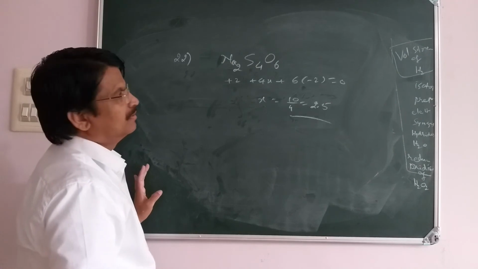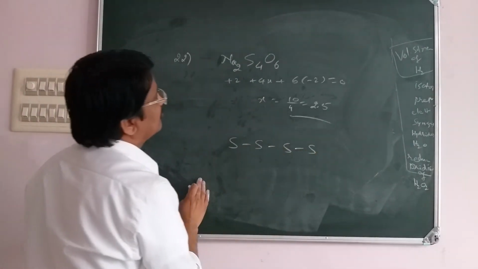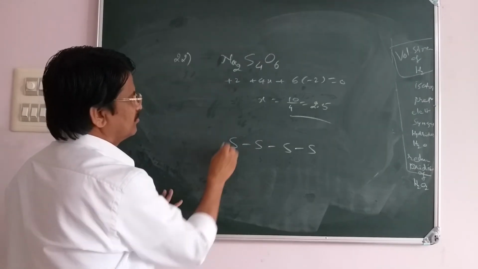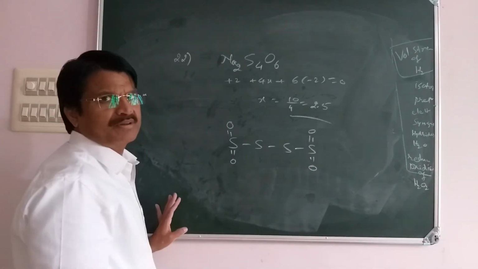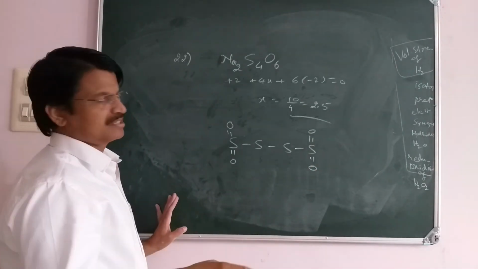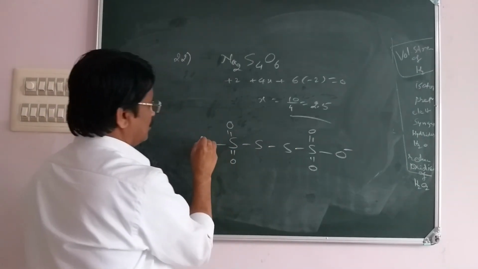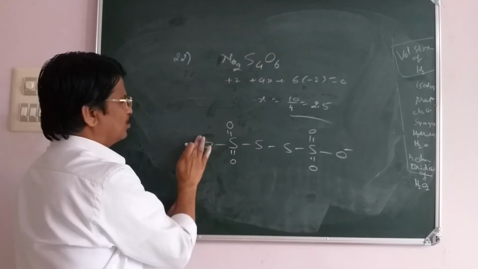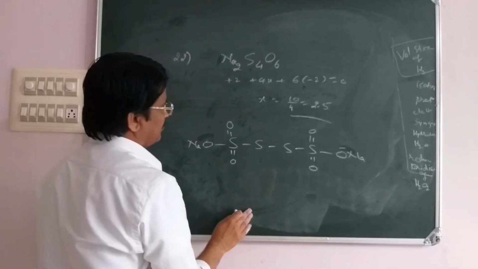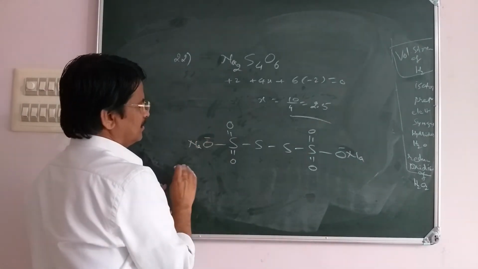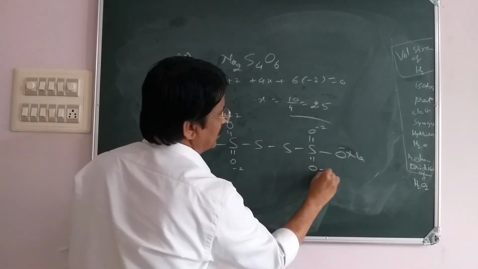Next, when you draw the structure of S4O6, you know the oxidation number of S is plus 6 at the ends, with sodium attached to the O negative, or you can write it as sodium peroxide, but that is minus 1. Then the oxygens are minus 1, minus 2, minus 2, minus 1, minus 2, minus 2.